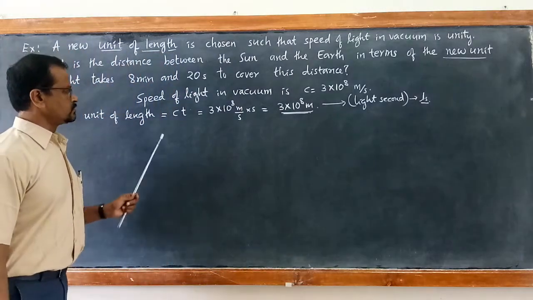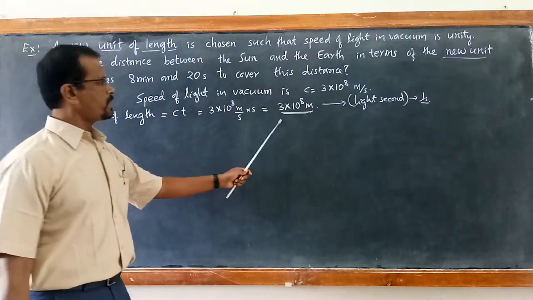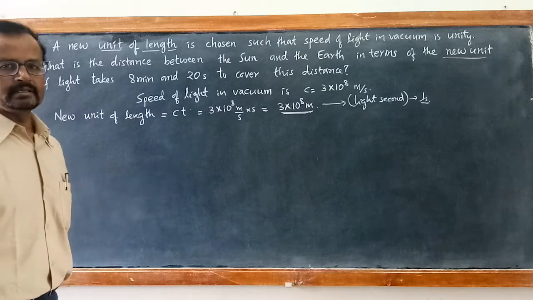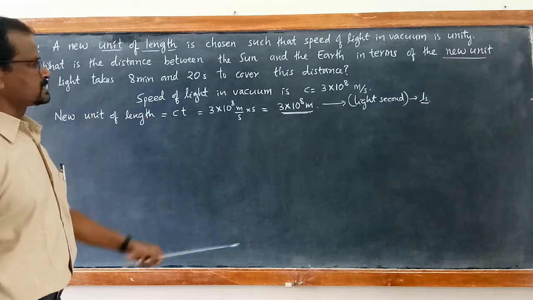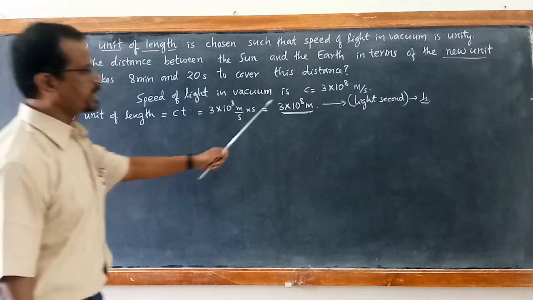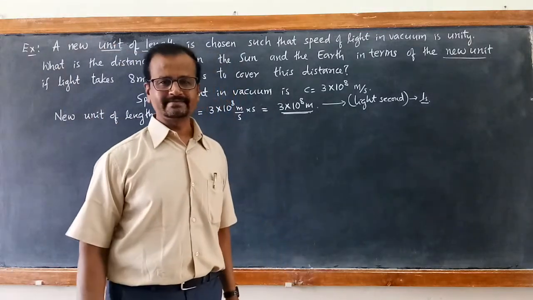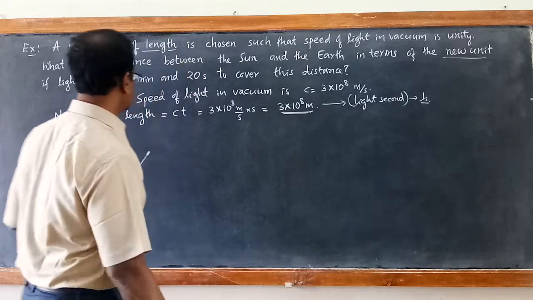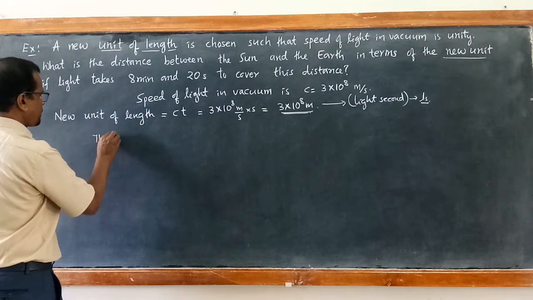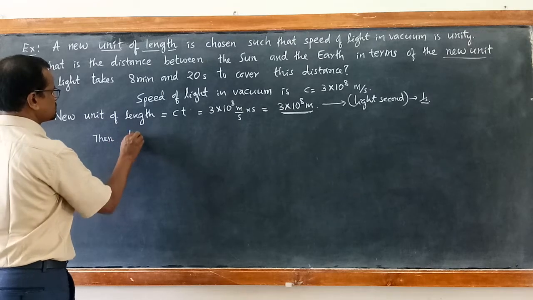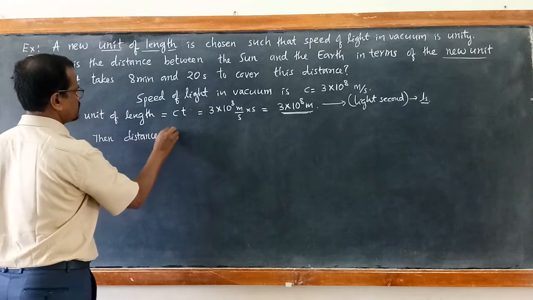If this is the case, in 1 second it travels 1 new unit, that is 1 light second. Therefore, in 8 minutes and 20 seconds, how many light second it travels? So you can choose light second as the new unit here. I think you got the point. Then distance covered.